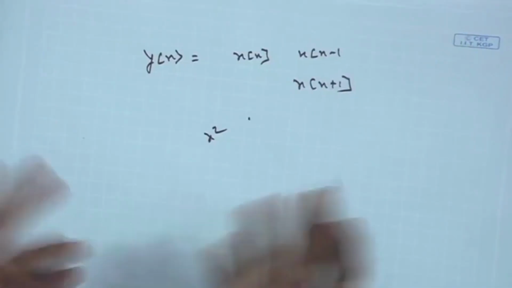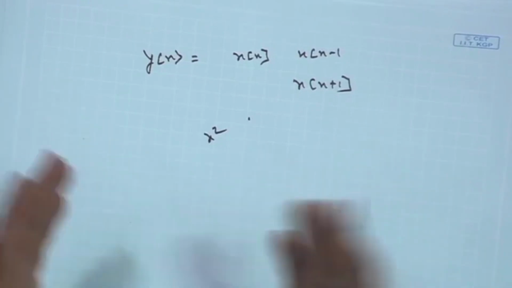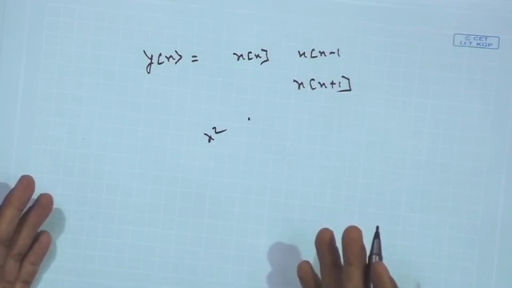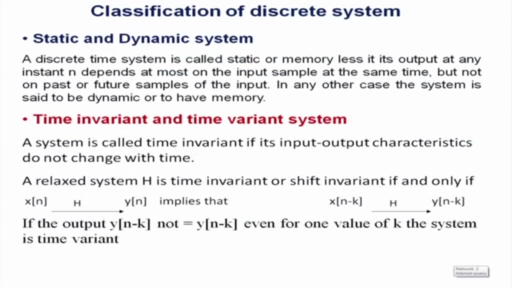If I consider the vocal tract as a system, along the time it changes its construction. So, it is a time varying system. Suppose the operator is square, always it will be square, whatever the input will come, it will square. So, the property does not change along with the time. So, it is a time invariant system.